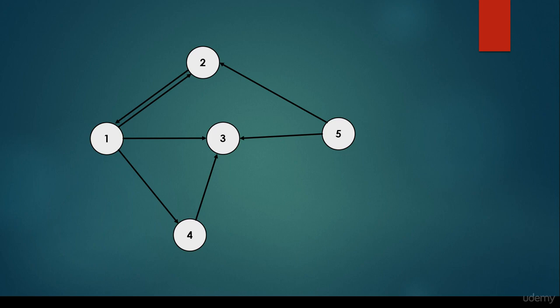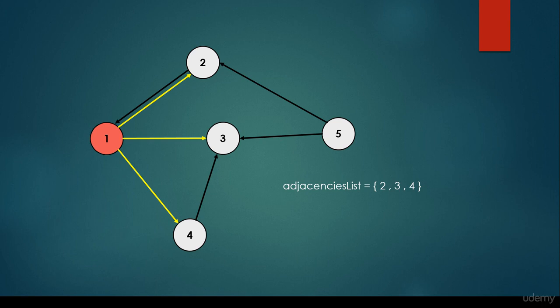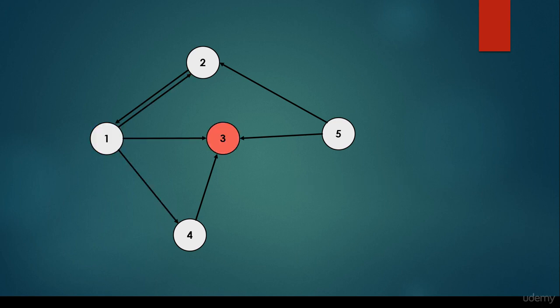So what's going to be the content of the neighbor list when we consider the vertex 1? You can see that it has 3 neighbors, the 2, the 3, and the 4. So the adjacencies list is going to store 2, 3, and 4. Let's suppose the fact that we are considering the vertex 3. It doesn't have any neighbor, so the adjacencies list is going to be empty. What about the vertex 2? It has a single neighbor, the 1, so the adjacencies list is going to have a single element, the 1.